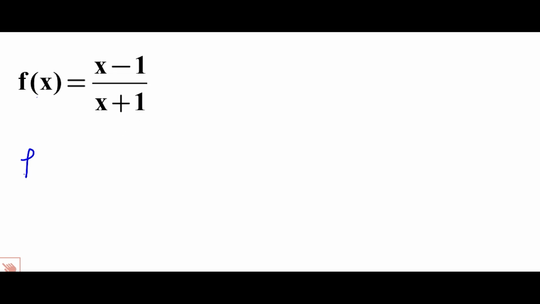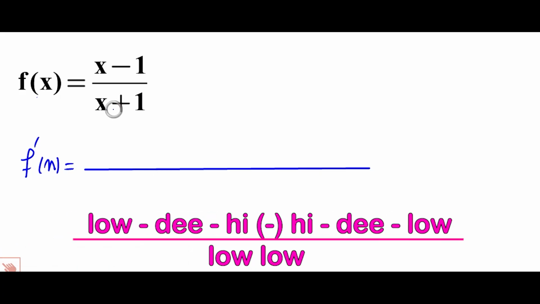Okay? For example, f of x is equal to x minus 1 over x plus 1. So f prime of x is equal to low d high. Low means the bottom, x plus 1. D means the derivative of high, so the derivative of high is 1, minus high d low.